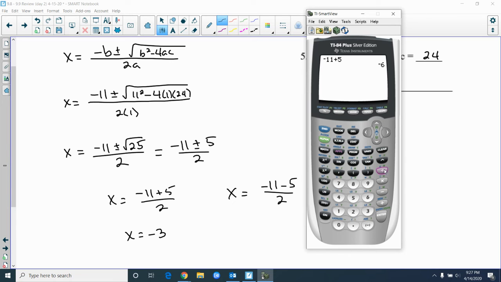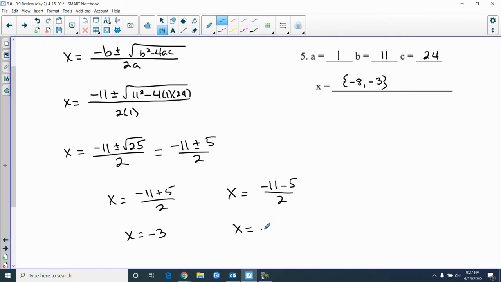That's negative 6, divided by 2, that's negative 3. So if I do the next one, negative 11 minus 5, that's negative 16, divided by 2 is negative 8. So I have to make sure I get those two answers.